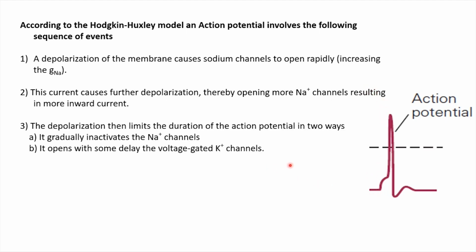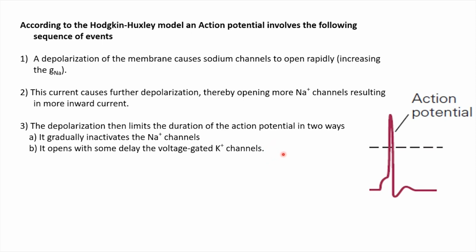But before that happens, two things start to happen. One is that the sodium channels, although they open quickly, also start to inactivate, as we have seen earlier. And secondly, the voltage gated potassium channels also start to open. So the inactivation of sodium channels reduces the inward current, and the opening of potassium channels now produces an outward current because potassium ions will flow out and will try to make the membrane potential more negative, towards the equilibrium potential of minus 75 millivolts.